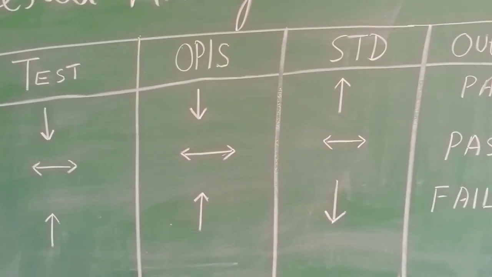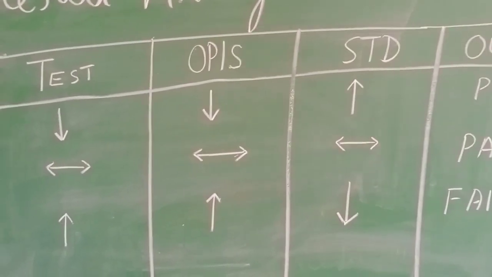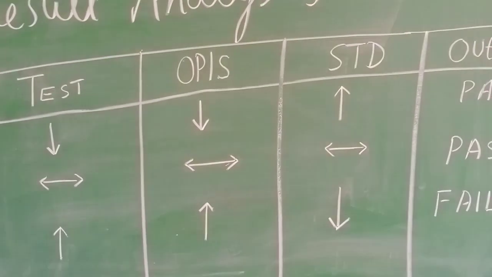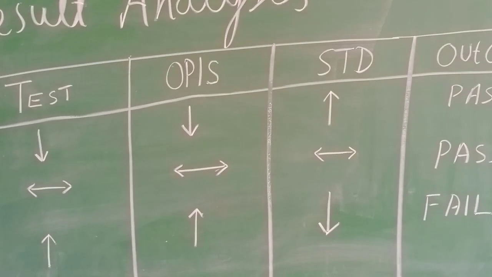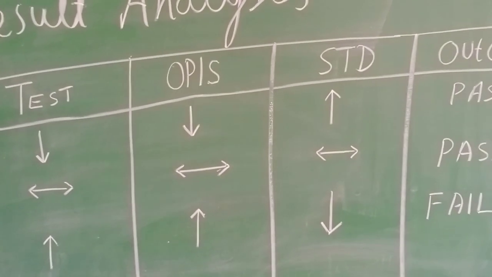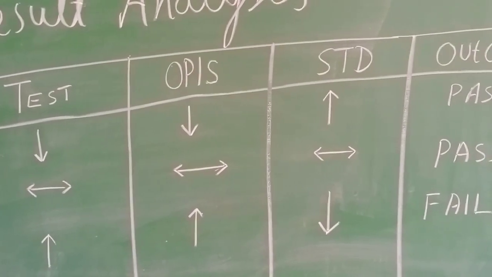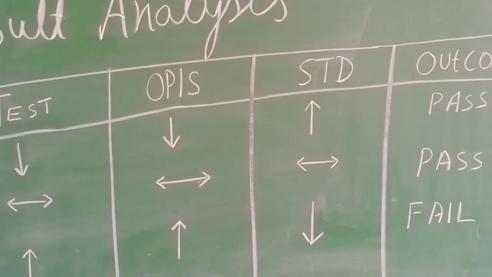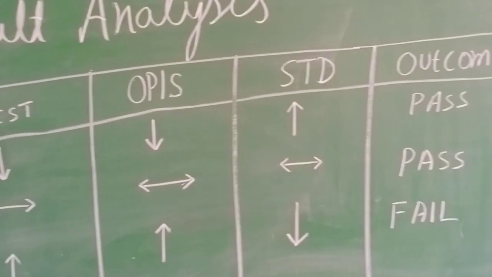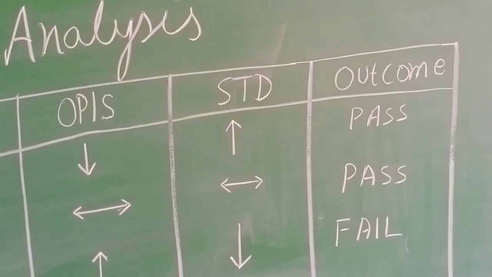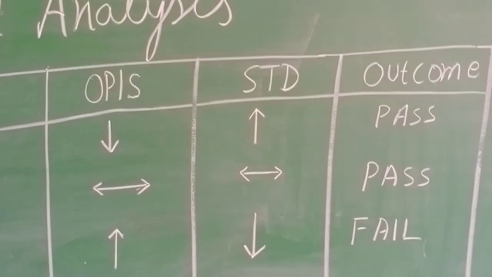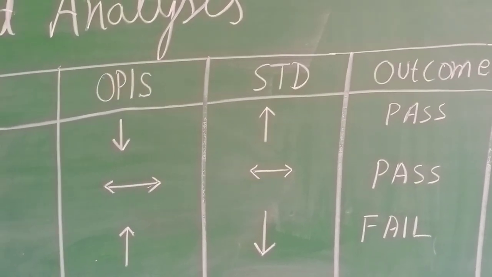The very first one is for the test sample or the test solution. The second column, which indicates OPLS, is indicating opalescence or the turbidity. The third column, STD, is for the standard solution, and the fourth one contains the outcome or the result for the limit test.